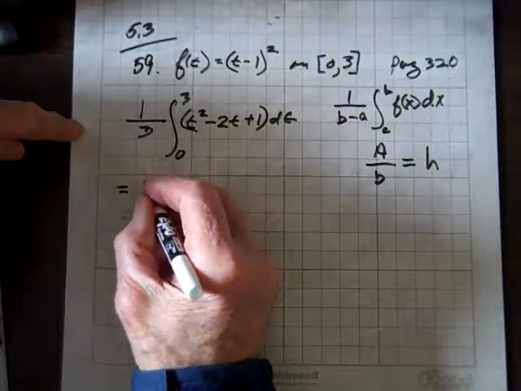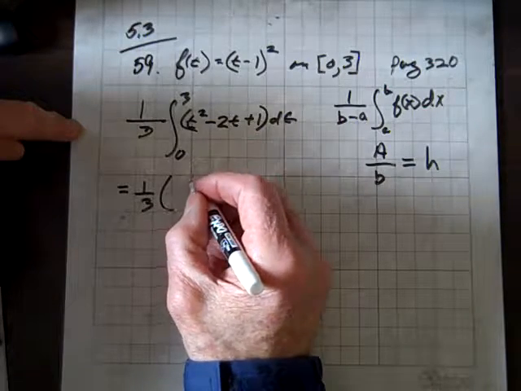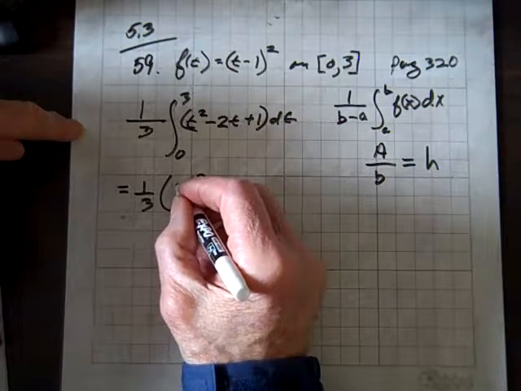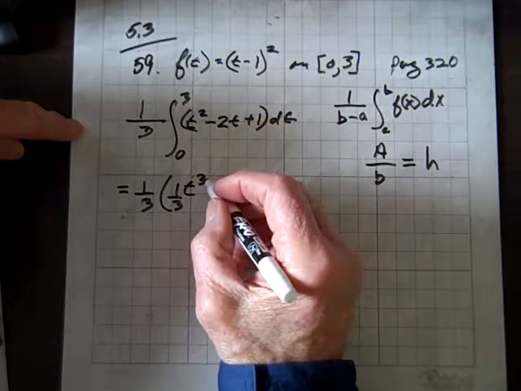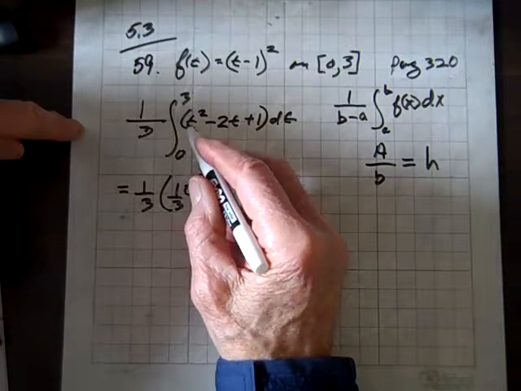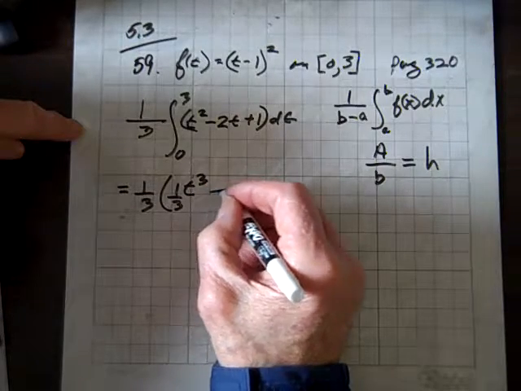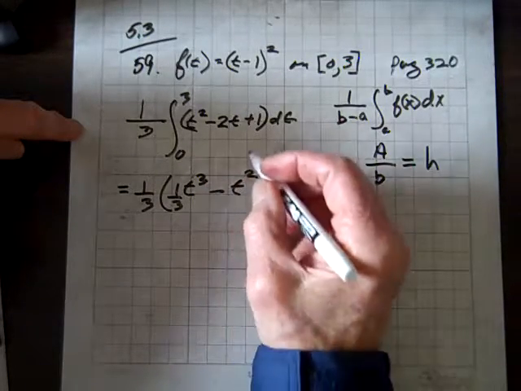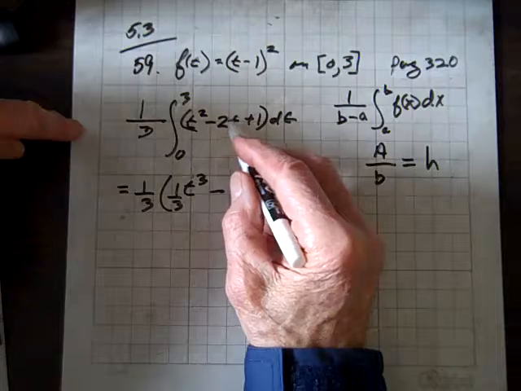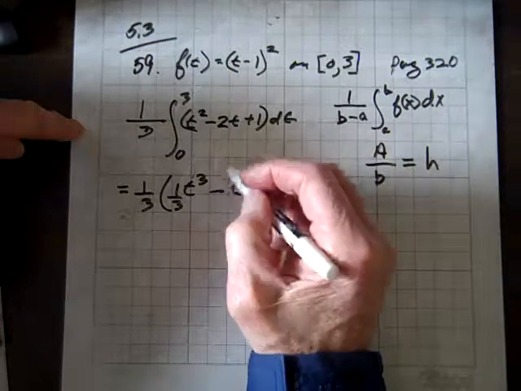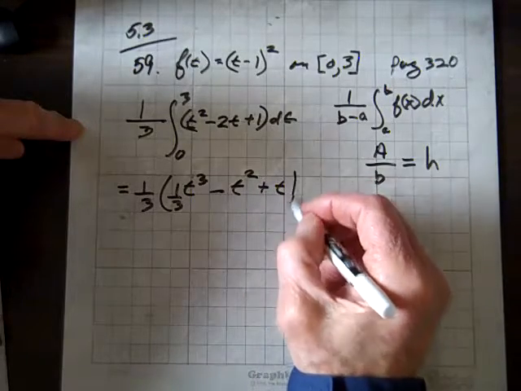So this equals 1/3 times, and the integral of the t squared is going to be 1/3 t cubed, I beg your pardon. Add 1 to this, and why don't we see a 3 out in front? Well, we must have had a 1/3 as a coefficient on t. Minus t squared. Added 1 to the exponent of 1, and if we take the derivative of this, will you agree we'll put a 2 in that position, plus t.